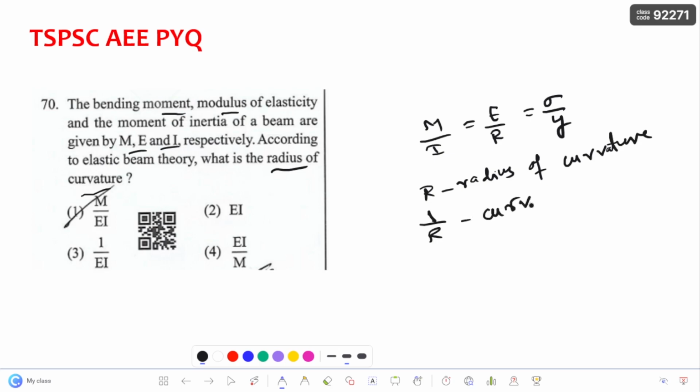Don't confuse between these two terms. He is asking about R, that is radius of curvature. That means if you take this equation, R is equal to EI by M. This is the correct answer.